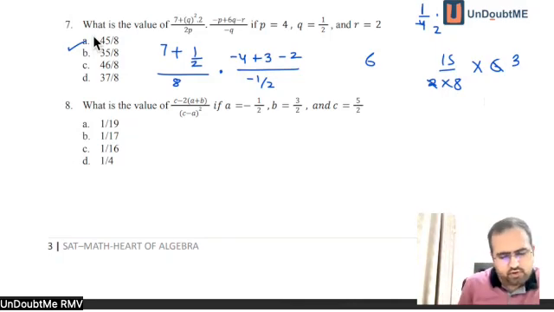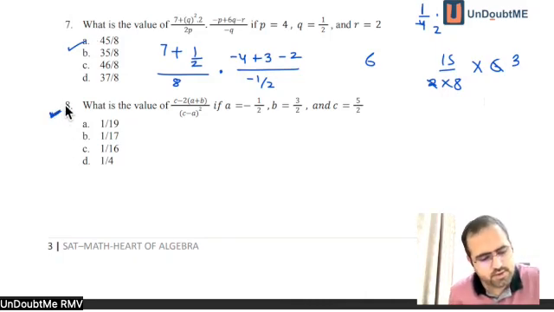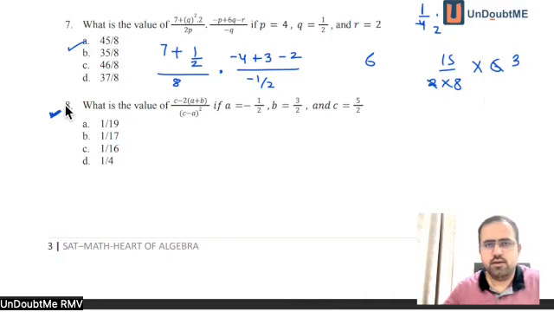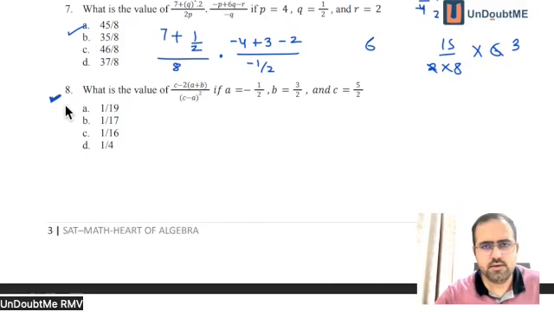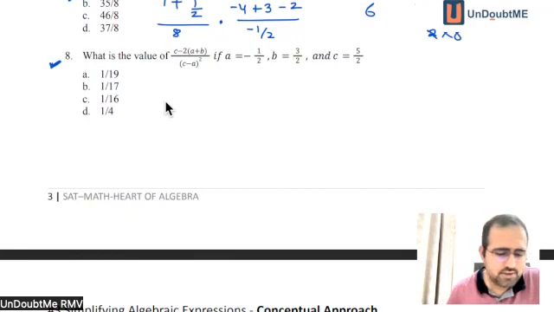So for such questions, I hope you will be fine. Would you like to try the eighth one also? These are based on fractions, and since all of them are divided by 2, you first give it a try.